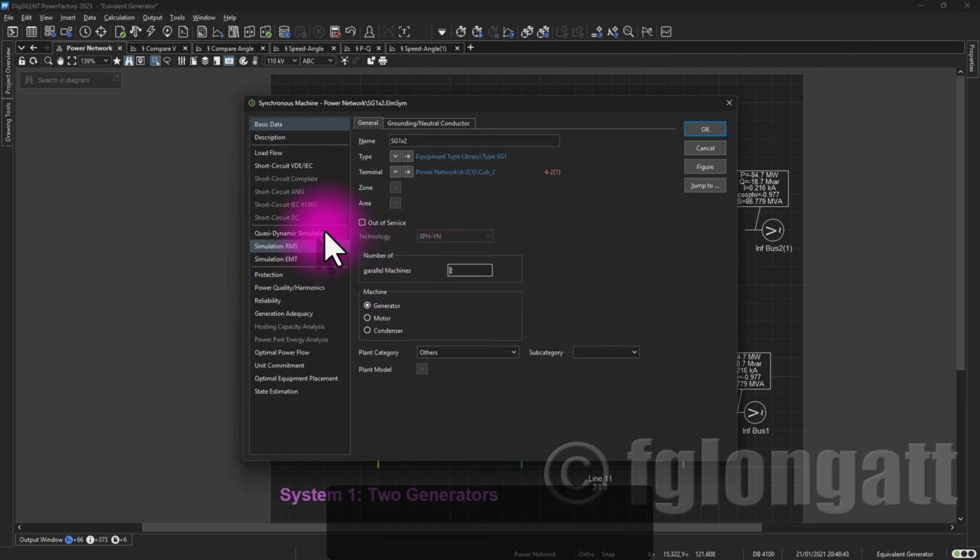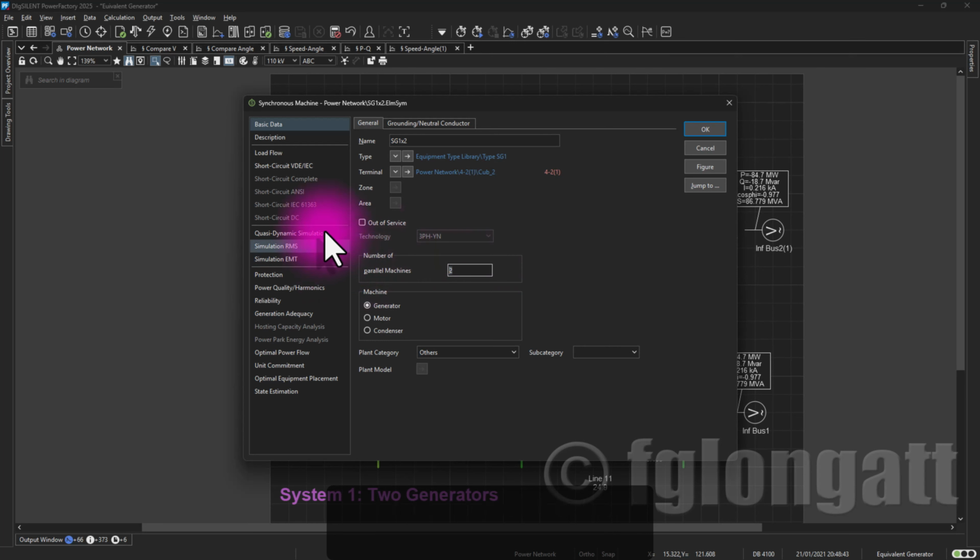And the reason is very simple: because we are using a number of parallel machines equal to 2, so the active power dispatch here, 42.5 megawatts, is multiplied by 2.